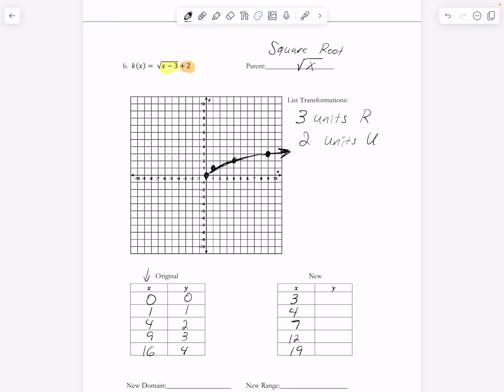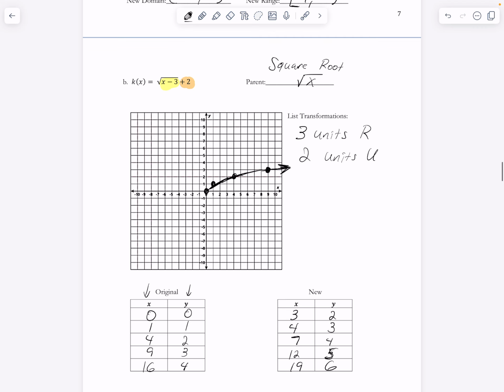So 3 minus 3 is 0, square root of 0 is 0, plus 2 is 2. The y values are going to move 2 units up because of that vertical shift. So if we're going 2 units up, this one should be 3, 4, 5, and 6.